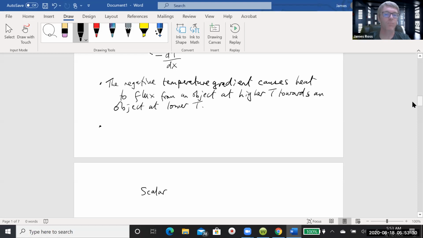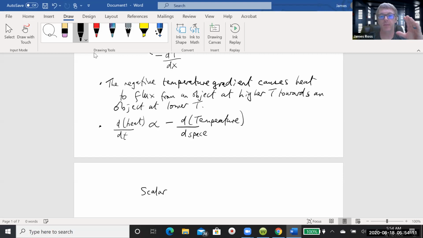Yeah, I wanted to just cap it off by saying that a change in heat, sorry, I'm doing that thing where I'm trying to speak and write at the same time. A change in heat, a change in time, is proportional to minus a change in temperature per change in space.